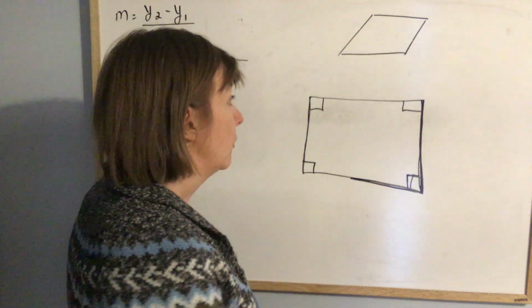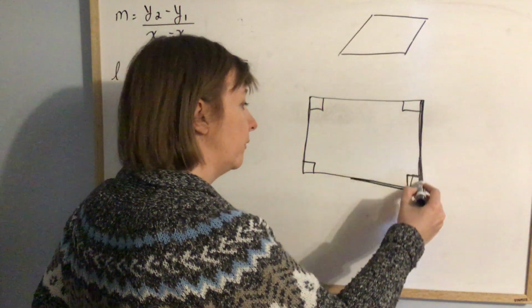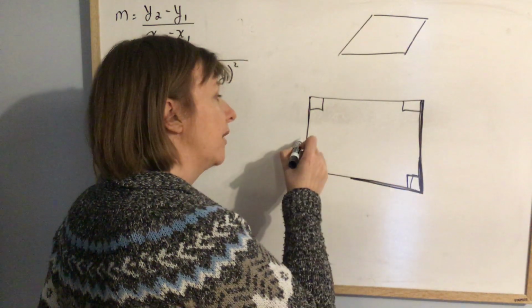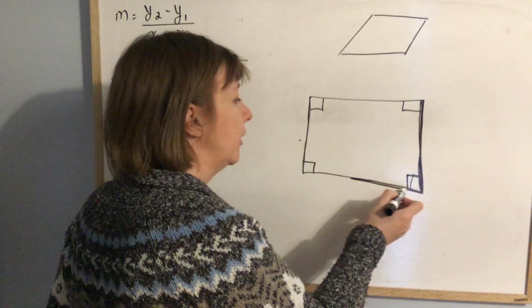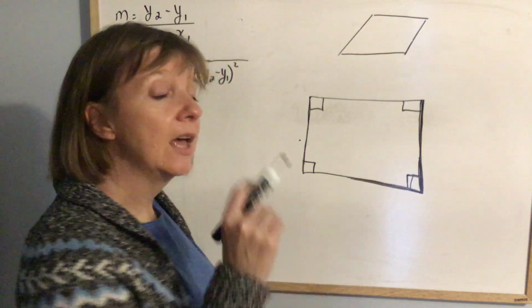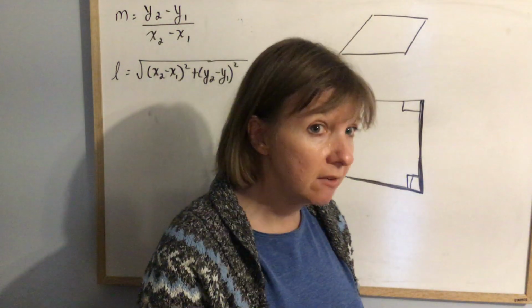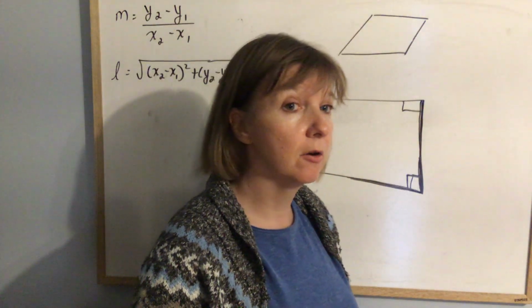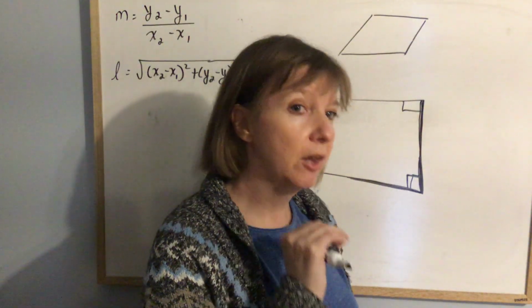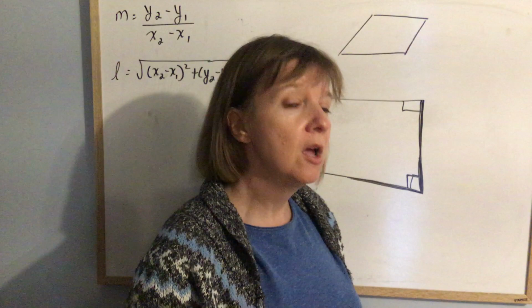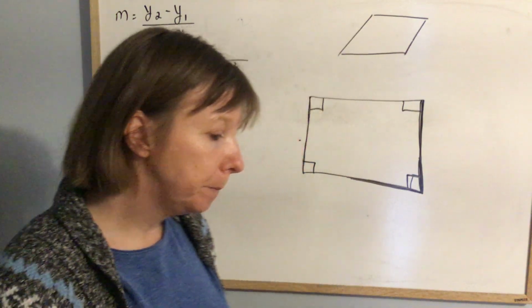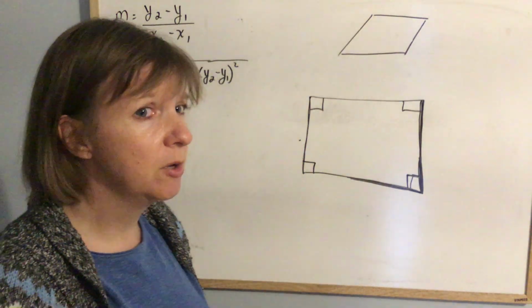So what I would do is find the slope of this line, and rather than finding the slope over here, I would find the slope of this line and show that they are perpendicular to one another. That would be the fastest way to prove that it's a rectangle, with me doing the least amount of work. So you really have to think about, what are they asking me for?